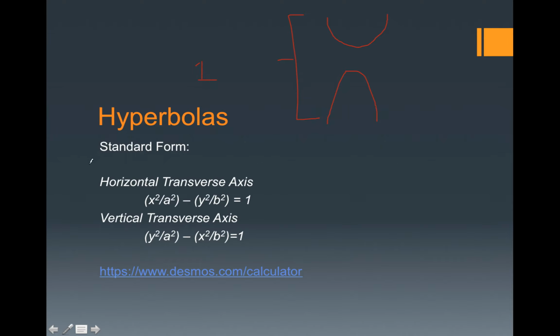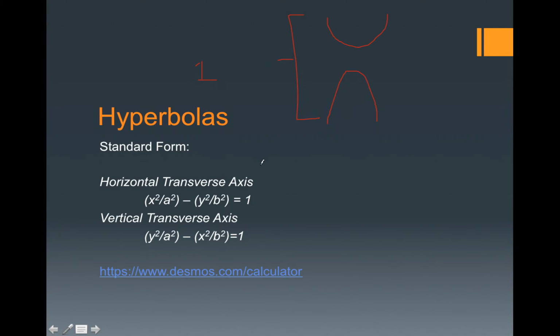So the standard form of the equation for expressing a hyperbola is either the horizontal transverse axis form or the vertical transverse axis form. And transverse axis is just a term that means the segment connecting the two foci of a hyperbola.